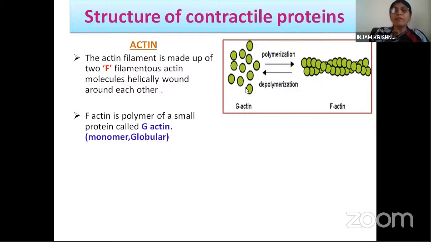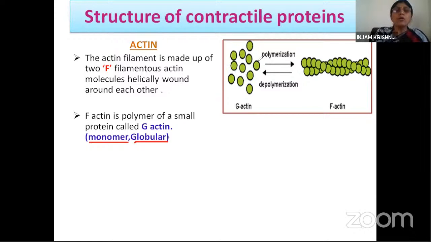Monomer means a single unit, and it is globular, meaning spherical in shape. That's why we call them globular monomers or G-actin.